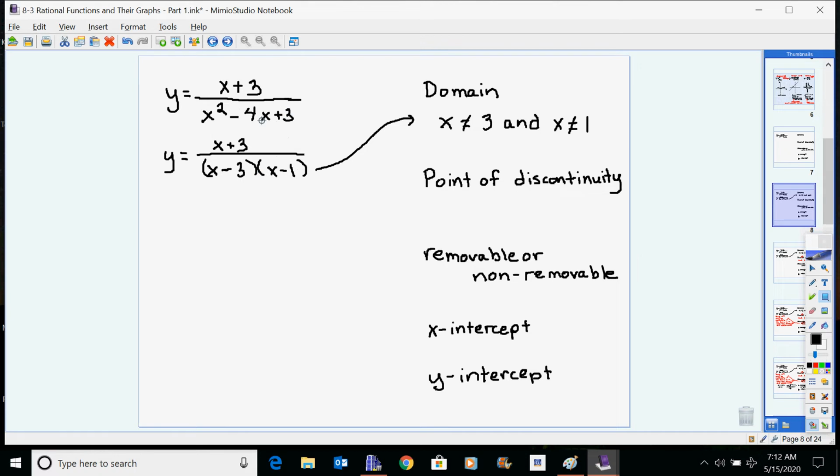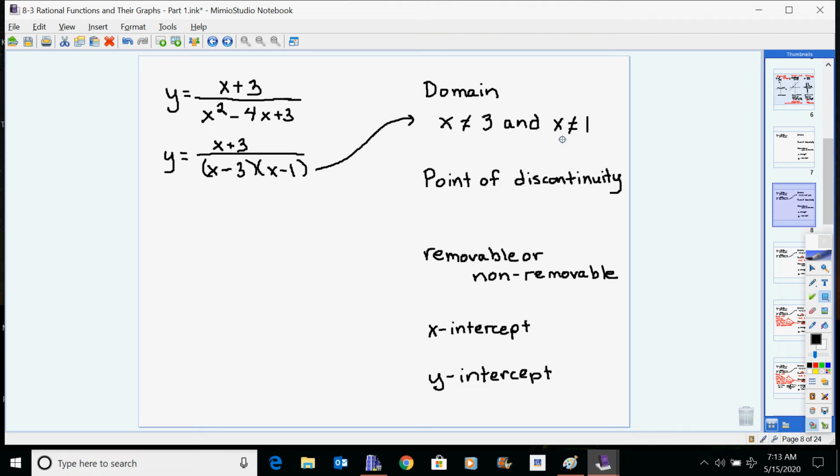That makes it easier for us to find the domain. You always start off with everything being okay for x to be, but then if you have something that could make a 0 in the denominator, you say, wait a minute, those points can't be in the domain. So the domain is all x values except x can't be 3 and x can't be 1. So that's your first step.